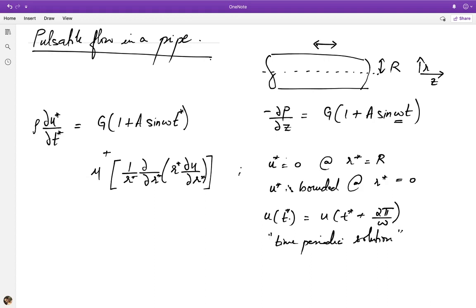Okay, so this is the setup of our problem. Let us now do the first thing that we have learned to do when we want to approach a transport problem, which is to scale the problem so that we get a better idea of what we're dealing with.